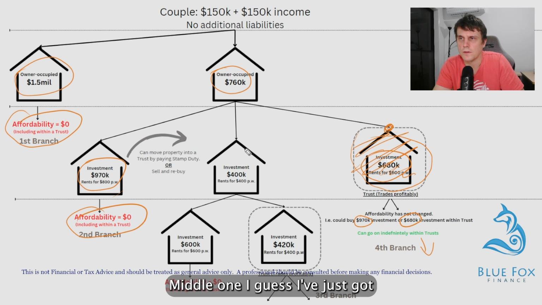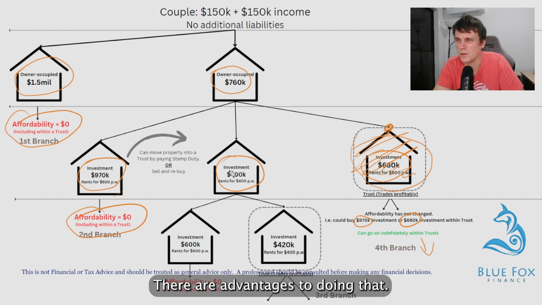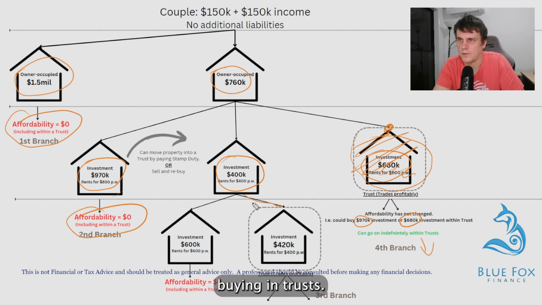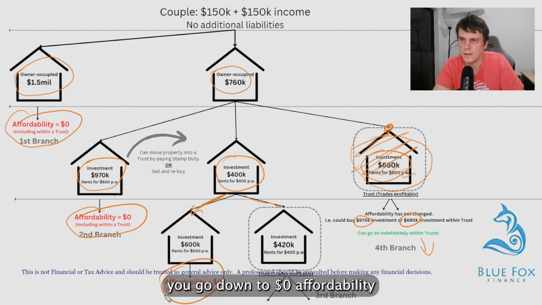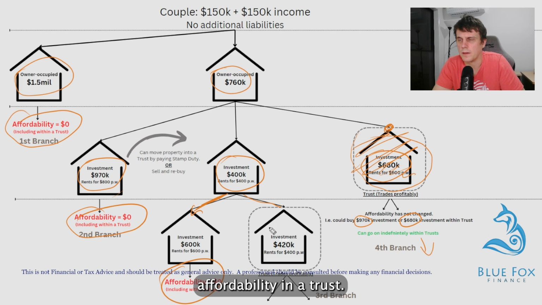Middle one, I guess I've just got this as an example of what people will often do. They'll often put one investment in their own name, which is perfectly fine. There are advantages to doing that. And then you start buying in trusts. If you max out in your personal name, which is this here, again, you go down to $0 affordability, and then you're stuck. Whereas if you only have one in your personal name, you still have 420,000 of maximum affordability in a trust.